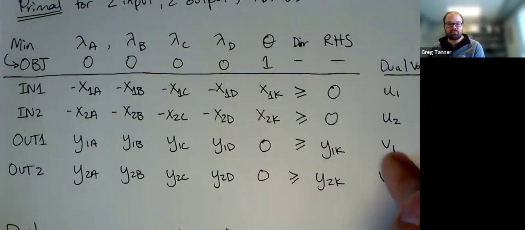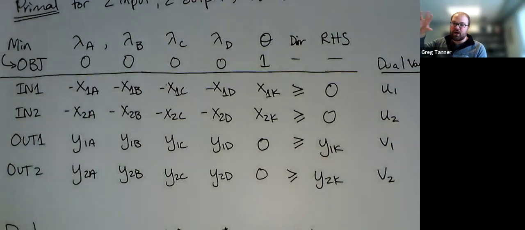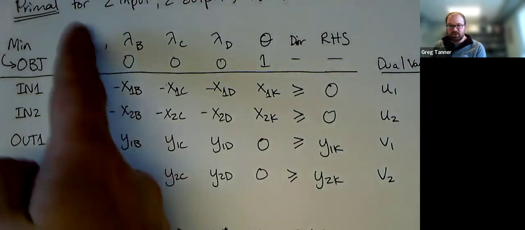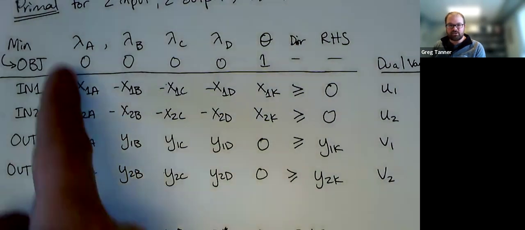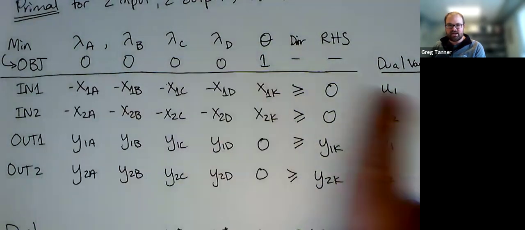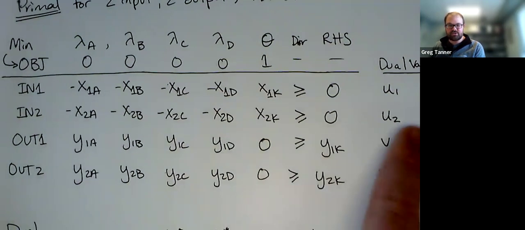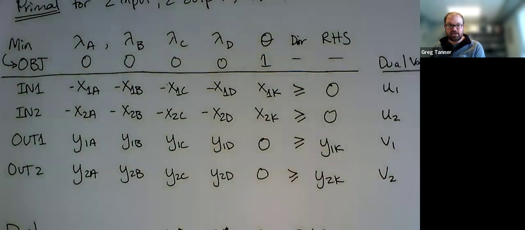And those primal constraints correspond to the dual variables v1 and v2. Okay, and if we think about how we go from primal to dual, each primal variable corresponds to a dual constraint. So looking at this column here, I'll take this times u1, this times u2, this times v1, this times v2, and that's going to be the rows of a constraint.